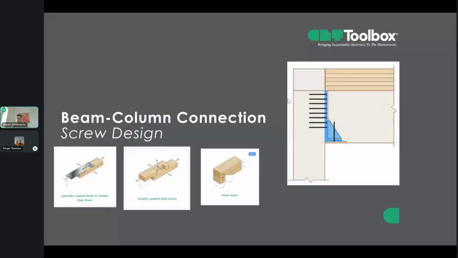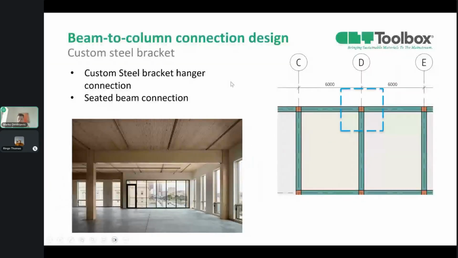So going further, we're going to look at the design of a custom steel bracket for a beam to column connection. We're going to use some of the available screw modules for designing custom connections and show you how you can use and combine separate modules for designing this type of connection.